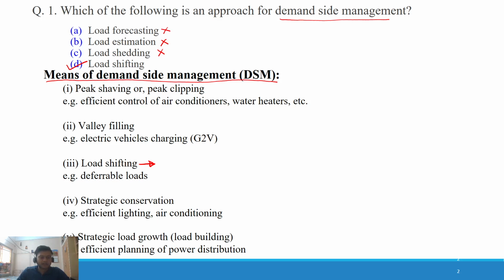Energy consumption remains as it is. So you write here the points for load shifting: reduction in peak demand and no change in total energy consumption.